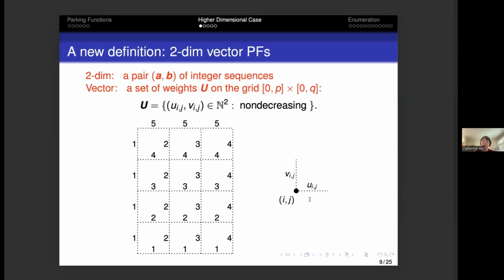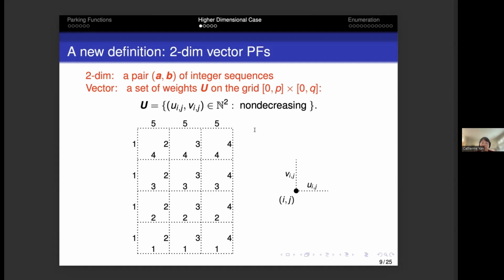So this is what happens in the literature, and what I want to do is look for a definition in two dimensions, but also allow a vector form in it. For two dimensions, we can follow Corey and Polahon's idea, so it refers to a pair of integer sequences. What replaces the vector in the classical case would be a set of weights defined on the rectangle grid of size p times q.